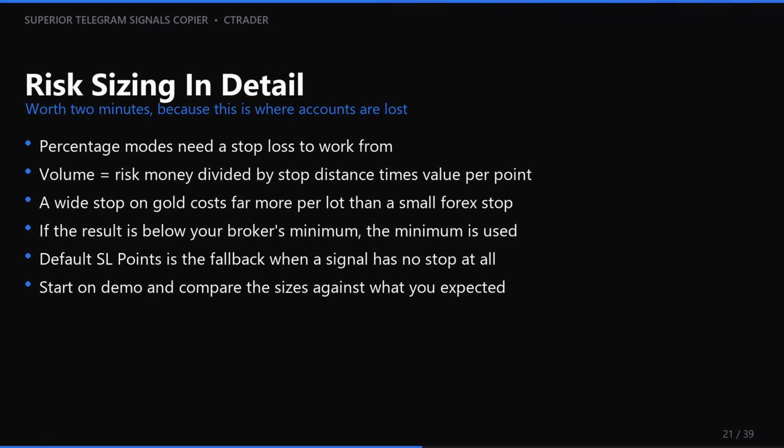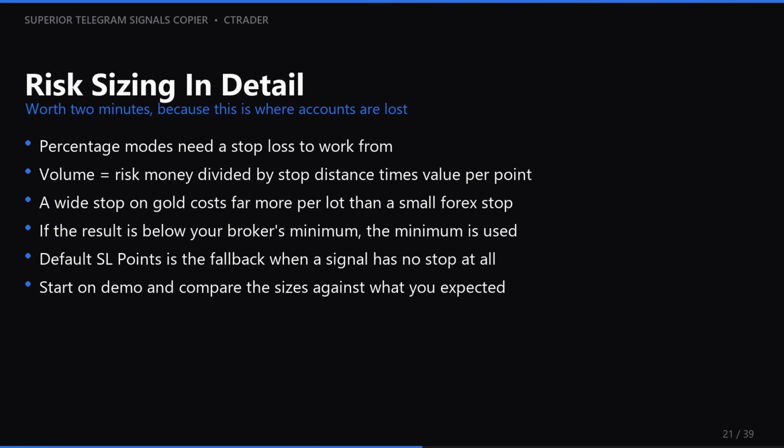Let us spend a moment on how the percentage modes actually calculate, because this is where most questions come from. The volume is your risk money divided by the stop distance multiplied by the value of 1 point for that instrument. The consequence is that a wide stop produces a small position, and a tight stop produces a large one, for exactly the same risk percentage. Gold is the classic example.